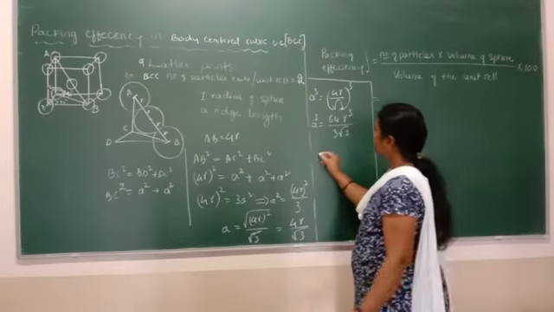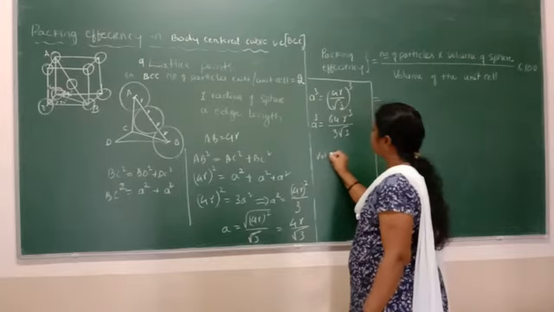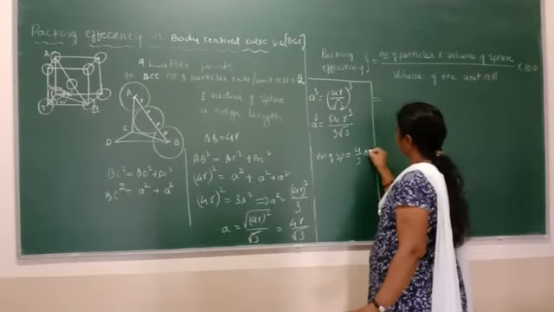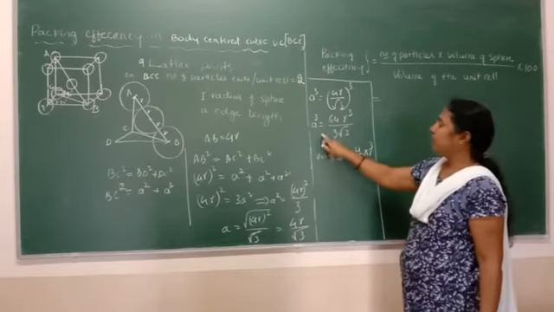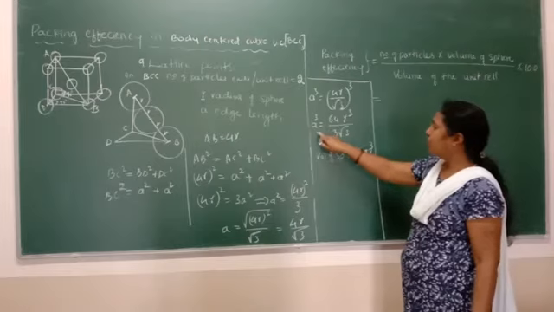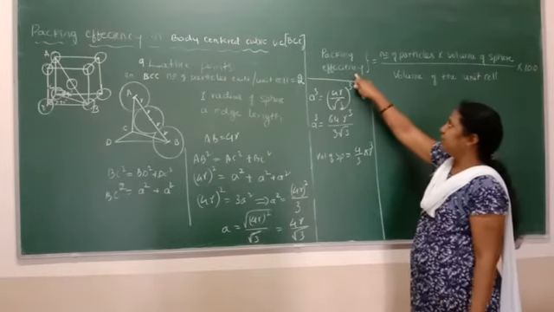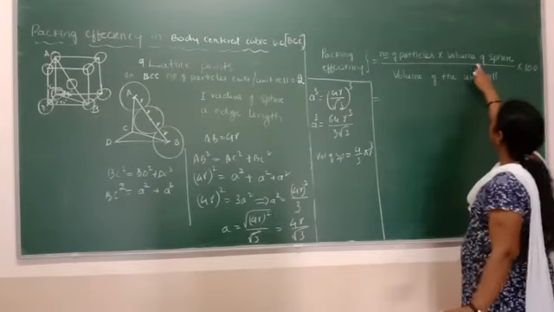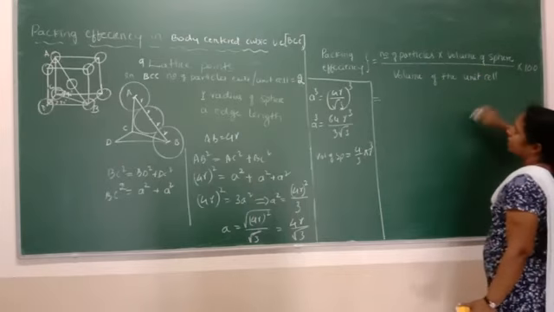And we know the volume of the sphere. The volume of the sphere is found to be 4 by 3 pi r cube. So we know the volume of the sphere and we also know the volume of the unit cell in terms of the edge length, and we will go for the calculation of packing efficiency. Packing efficiency is equal to number of particles into volume of the sphere, divided by volume of the unit cell, into 100.